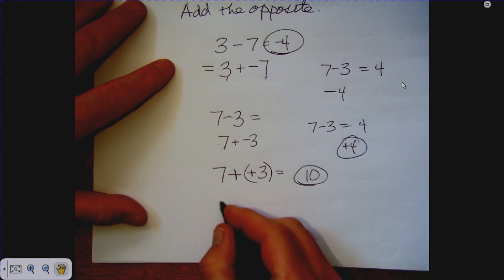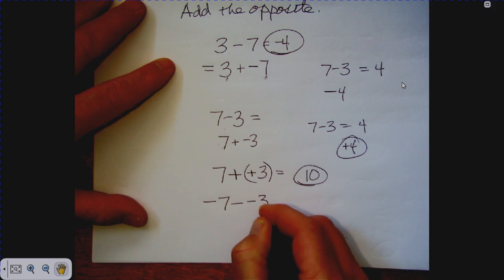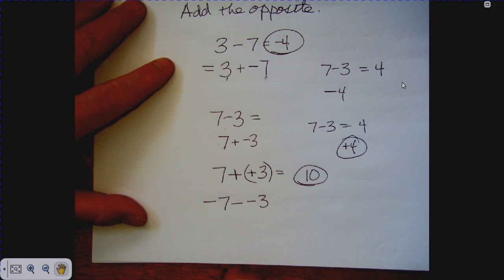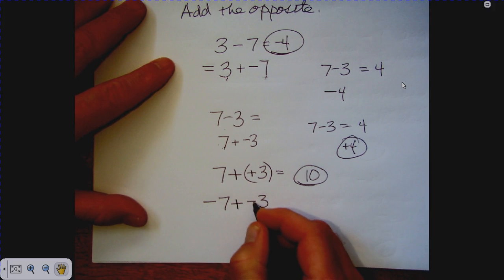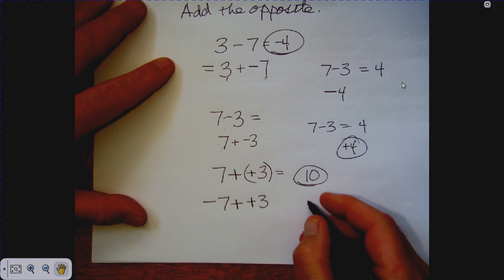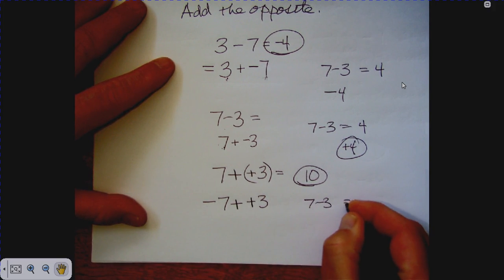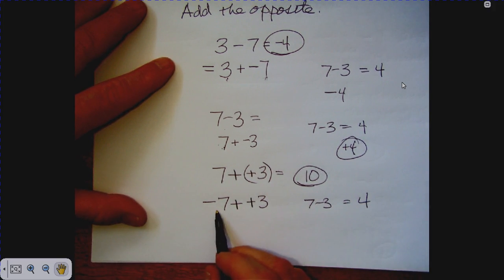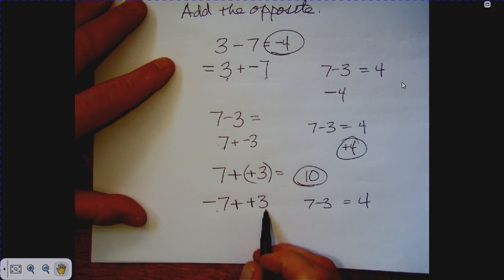Let's do another one. Let's say I have a negative 7 minus a negative 3. Okay, well, I'm going to add the opposite. And now I have an addition problem. I have different signs, so I'm going to subtract the two. So I go 7 minus 3 is equal to 4. Look back at the two numbers. 7 is bigger than 3.